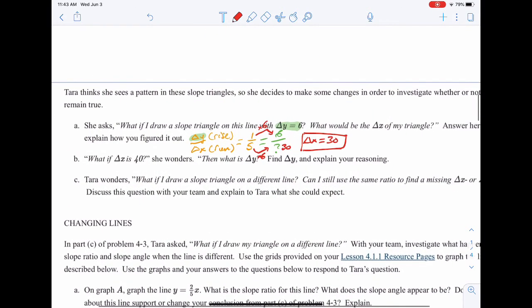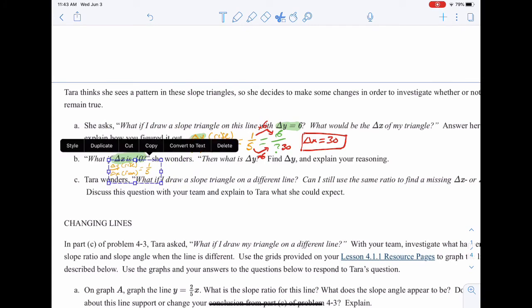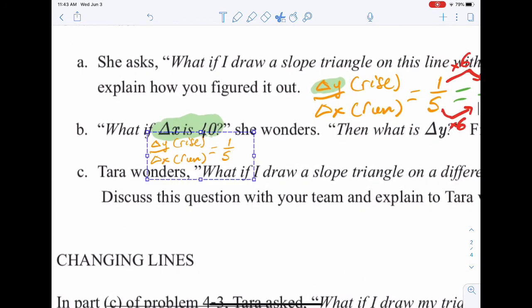Letter B. What if the change in x is 40? So again, we have our same slope ratio. It's the same line, but this time she's wondering if she has a triangle where the change in x is 40.